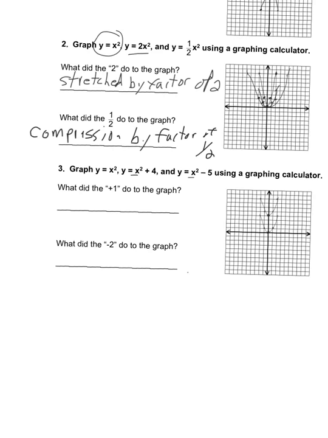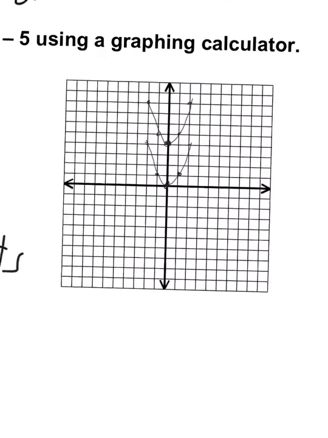So exactly the same. And this is a typo here, it should be a +4 right there. So this is a shift up 4 units. With that being said, the next one should be a shift down 5 units. If I put it in my calculator, I would see that sure enough it does that.